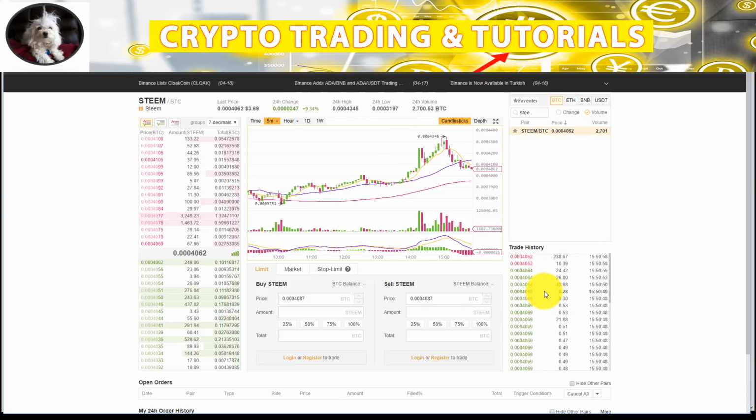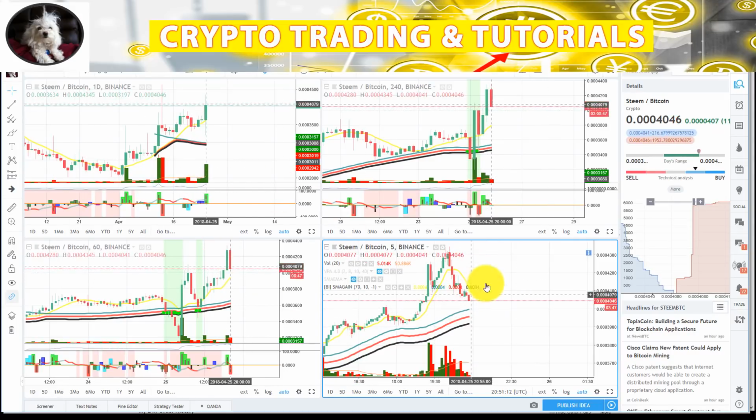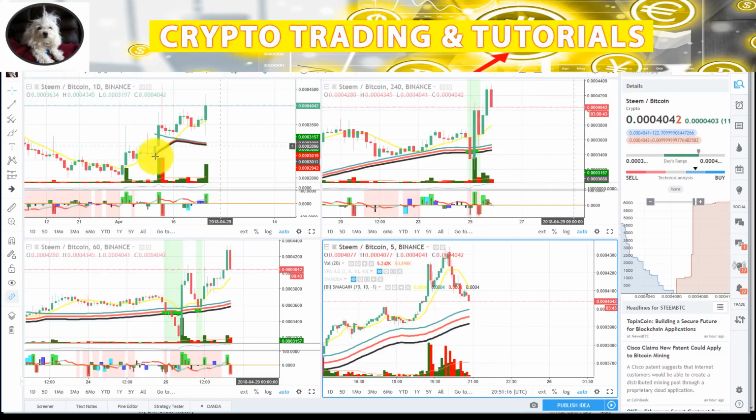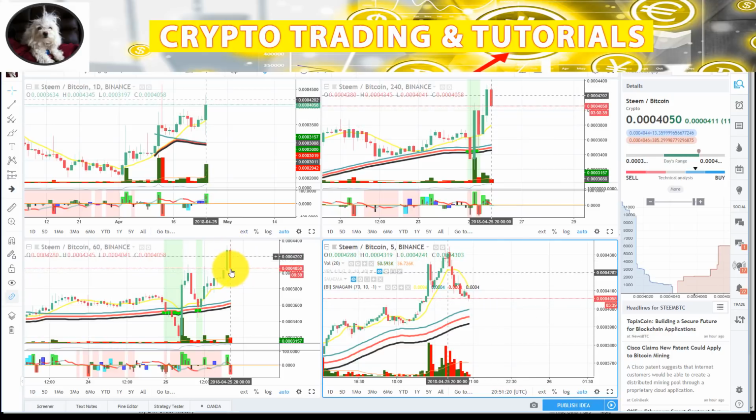And why am I mentioning that? Well, I'm not saying I don't use indicators. I do. Usually I'm looking at this too. Remember, I have multiple monitors, and if I didn't, I would go to this and maybe look at Steam. You'll see here I can see at a glance that on the daily it's still pushing up. It's had a retracement here on the 1 hour, back from here.